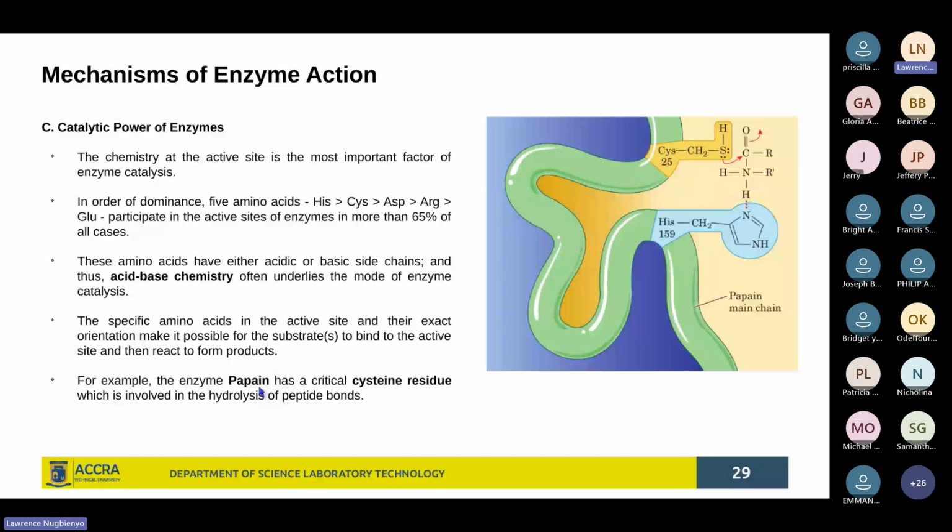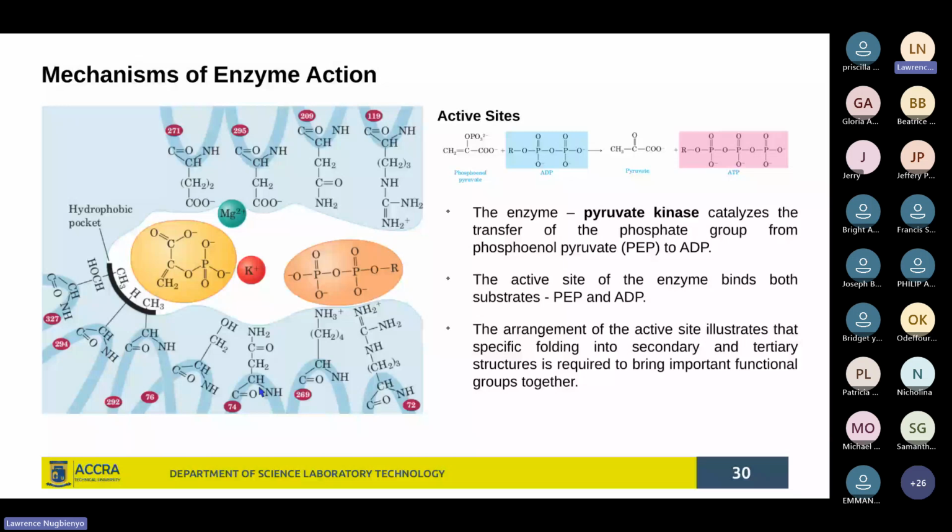Now, this is also to just depict again the activity of enzymes, so these are shown as some amino acids that are in the structure of an enzyme. And again, you see the numbers that are there.